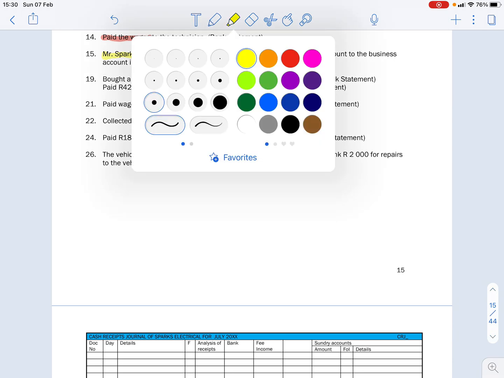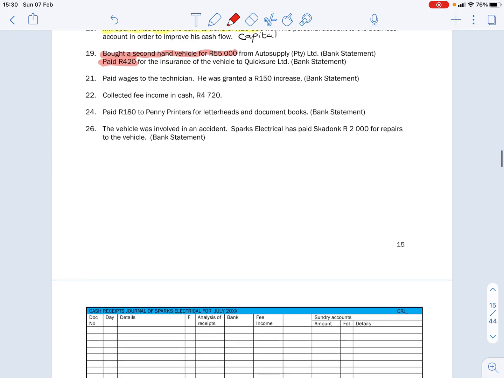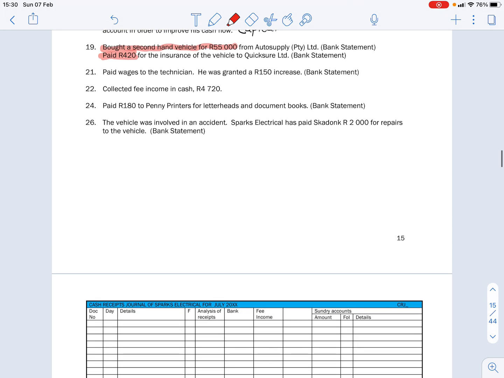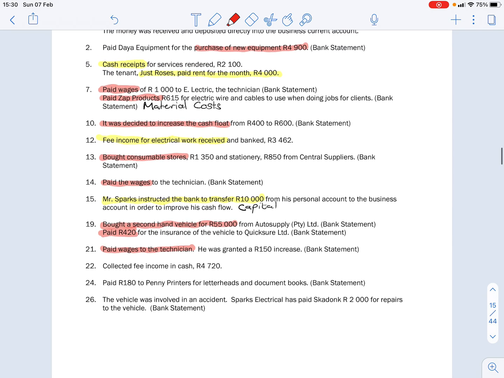On the 19th, we bought a second-hand vehicle from Auto Supply. We are buying, it is money out, so that's CPJ, and we pay 420 Rand for the insurance of the vehicle, also CPJ. On the 21st, we're paying wages to the technician. He was granted a 150 Rand increase.